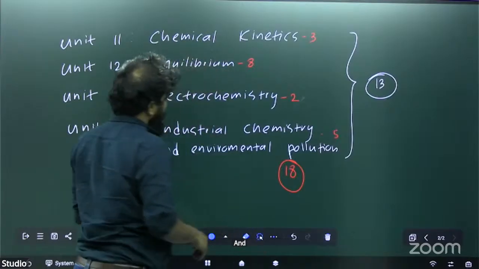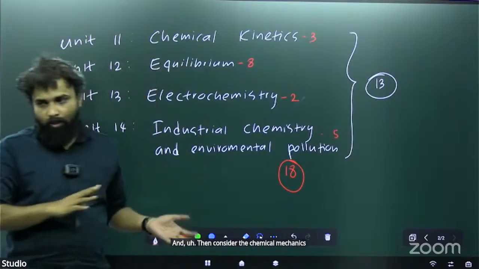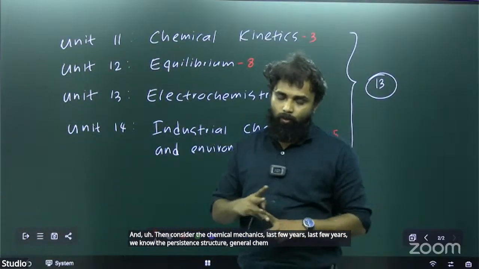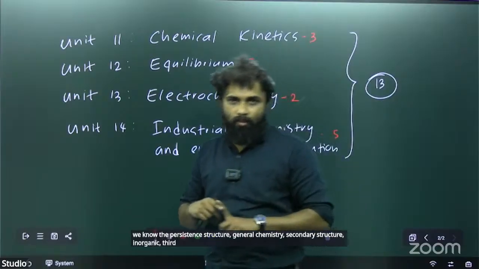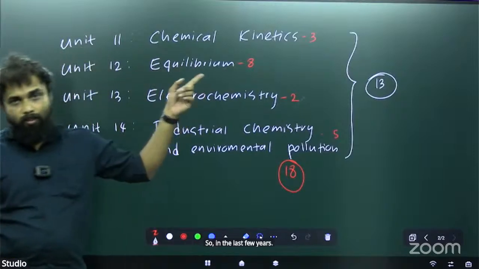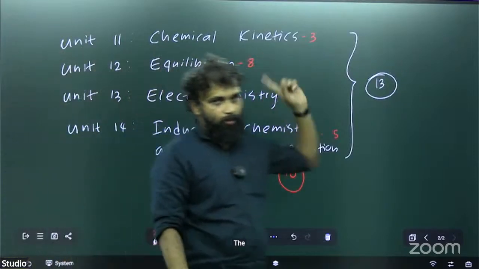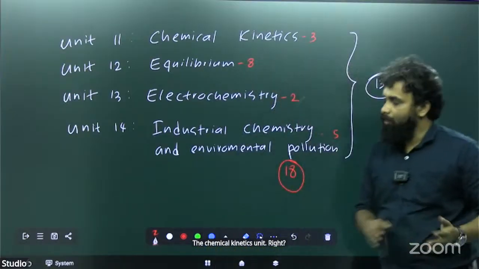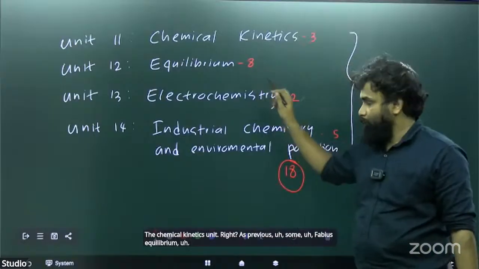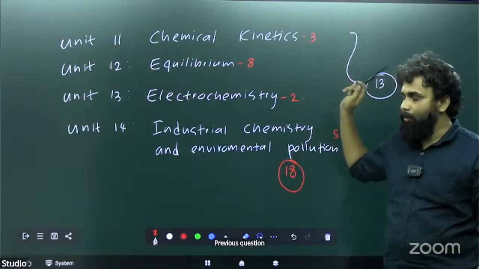When we consider chemical kinetics, the first structure is general chemistry, second inorganic, third physical, fourth organic. In the last few years, the structured question was given from the chemical kinetics unit. Some years the question is given in equilibrium, and previously in chemical kinetics.